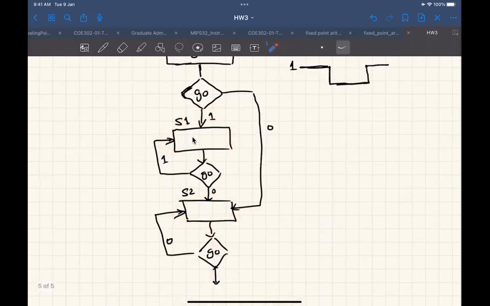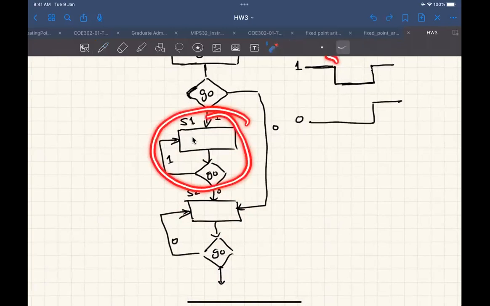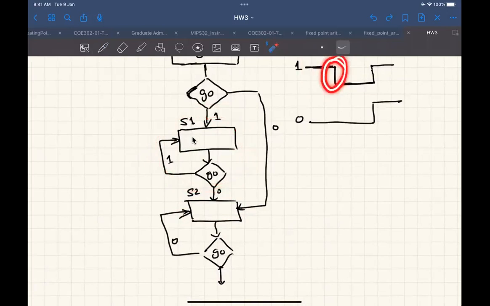However, the other scenario is when go is 0 to begin with. If go is 0, then all it takes is just one transition to 1. So in this case, if go is 0, then you just skip this state that basically accounts for this transition, skip this state here and go straight to this state where you are waiting for go to actually go to a 1.